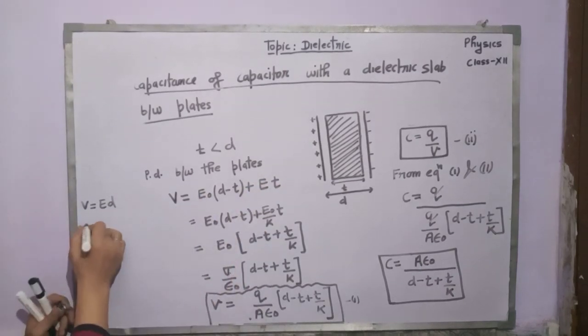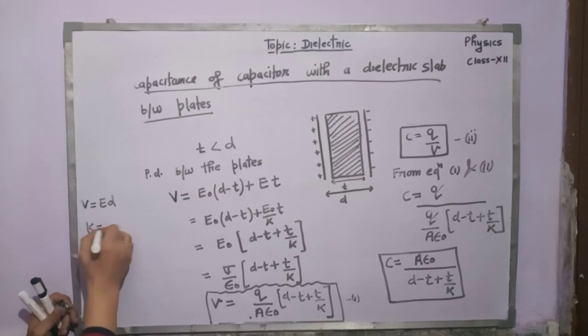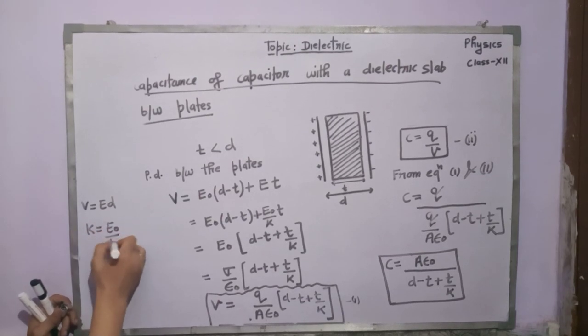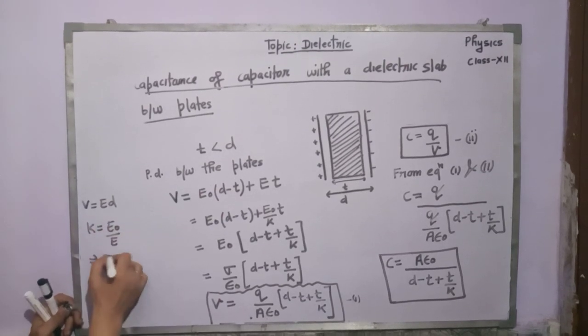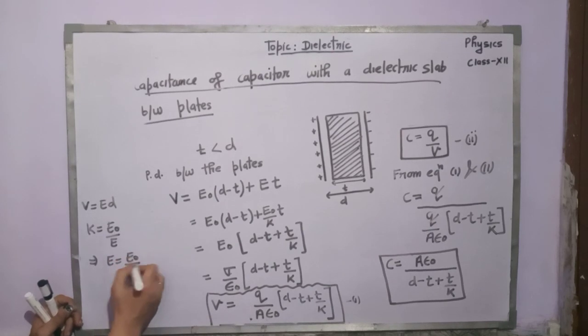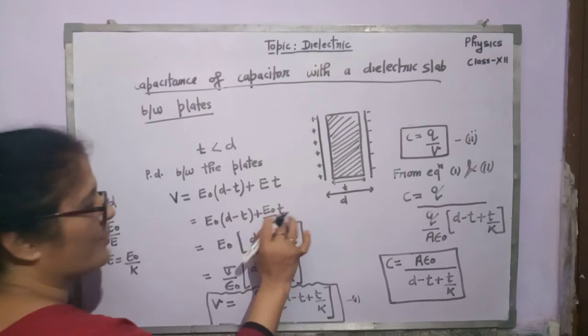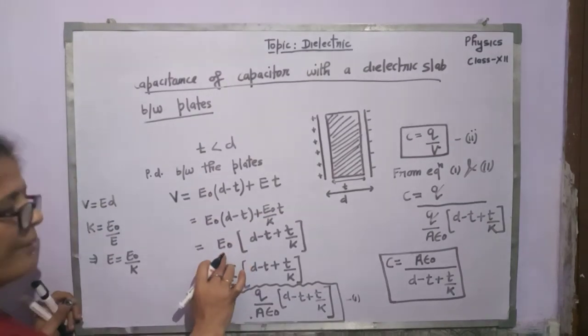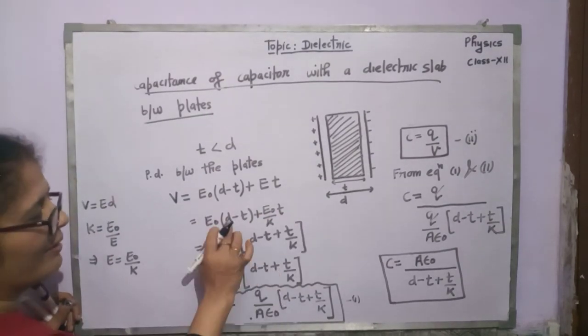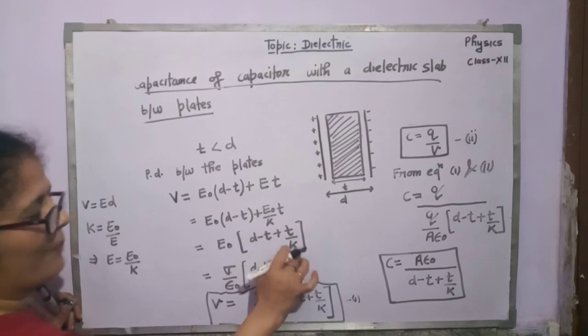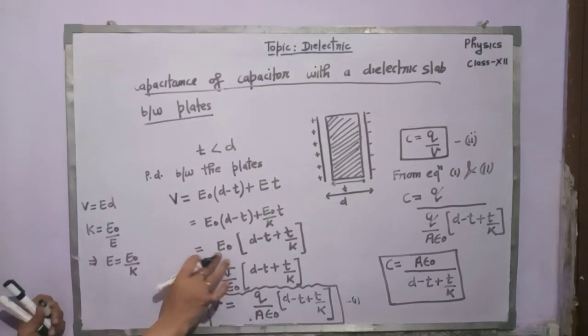As we know that K is equal to E naught upon E, this implies that E is equal to E naught upon K. Substitute the value of E here directly. Now from these two terms, E naught comes outside the bracket, and within the bracket we get d minus t plus t upon K.